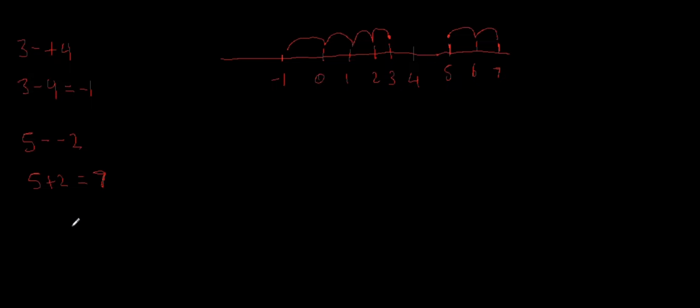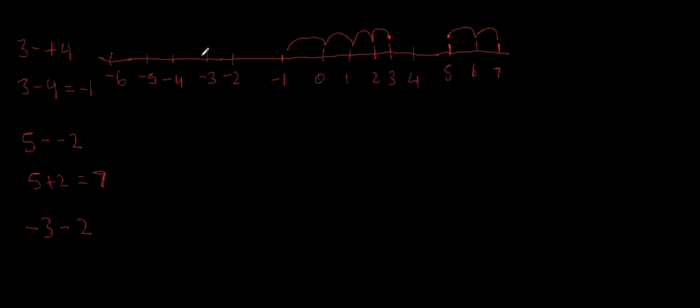So our next example would be -3 minus 2. If I'm at -3, I have to extend out my number line a bit here. -2, -3, -4, -5, -6.